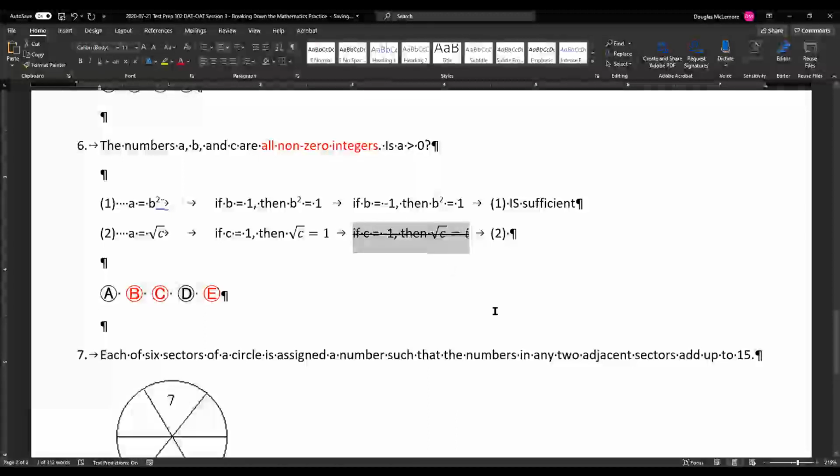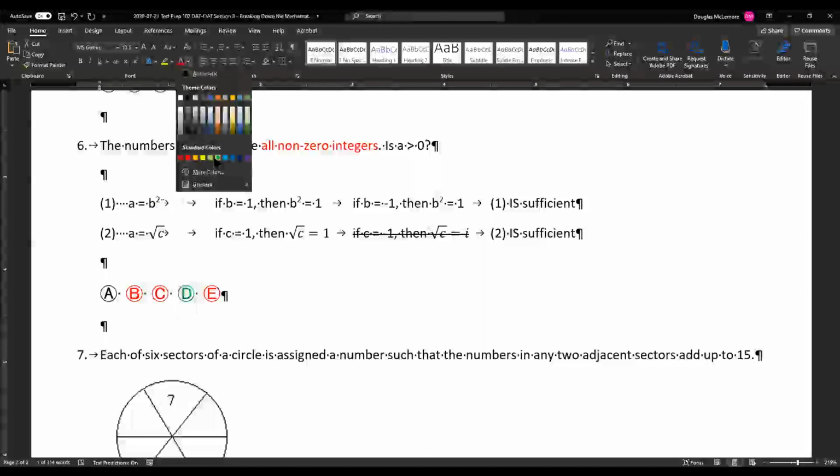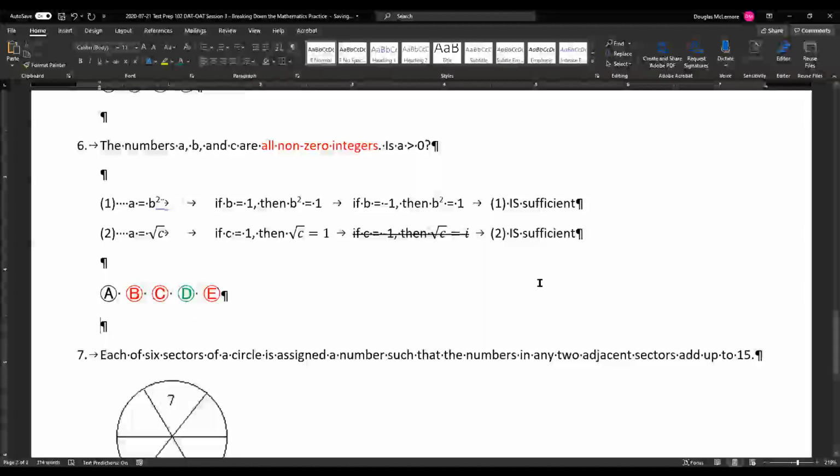This one cannot work, so we have to disregard it. So 2 alone is actually sufficient, making our answer choice D, because individually, they are both sufficient.